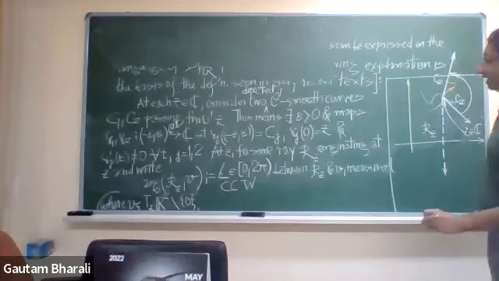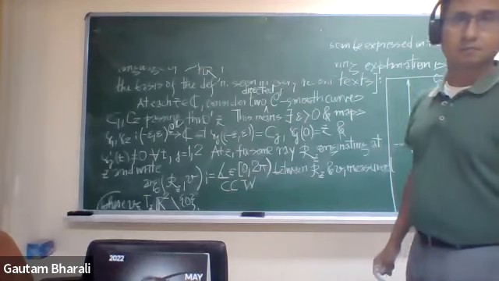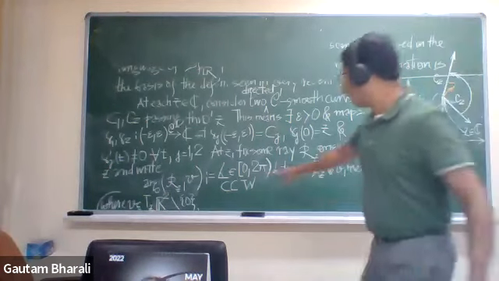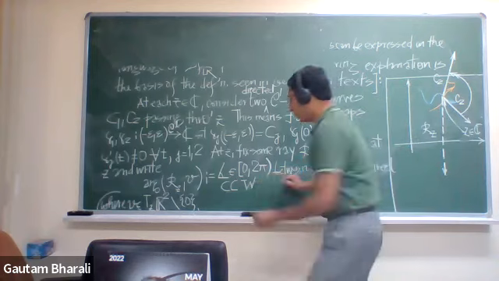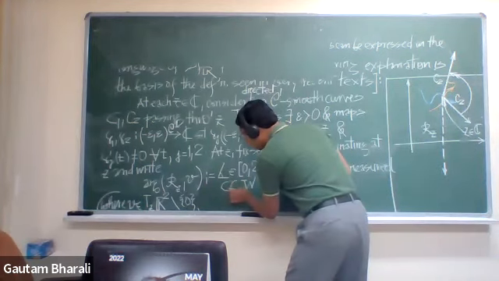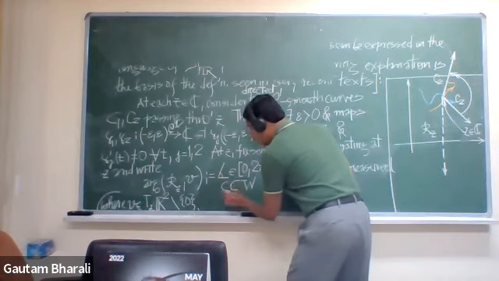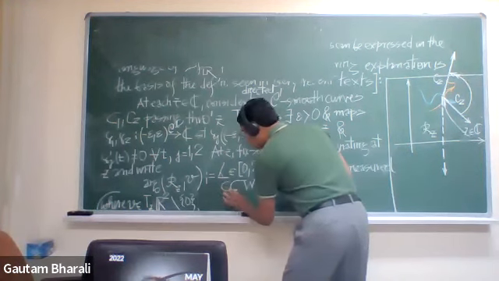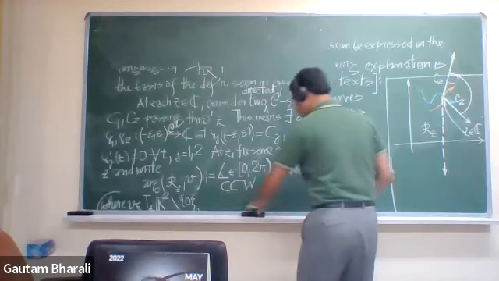Excuse me, sir, what is that W? This one? I mentioned this, right? CCW is my short form for counterclockwise. Okay. Thank you.